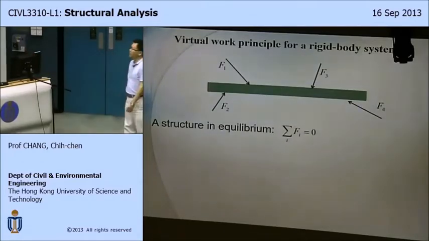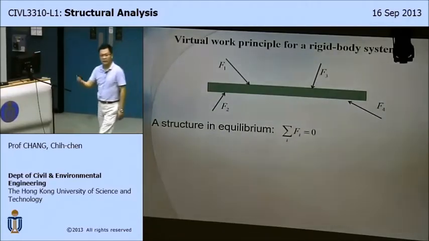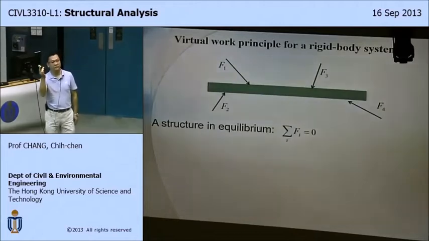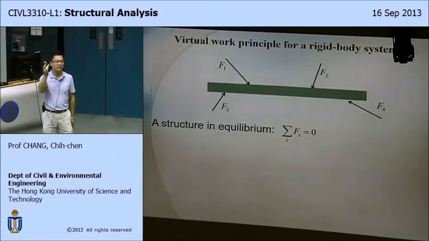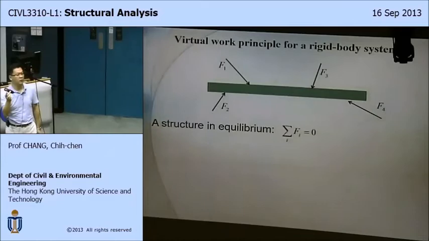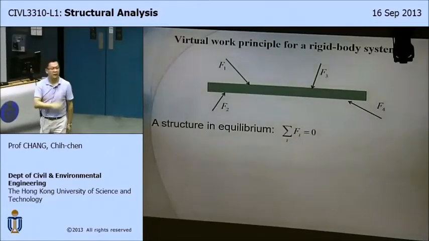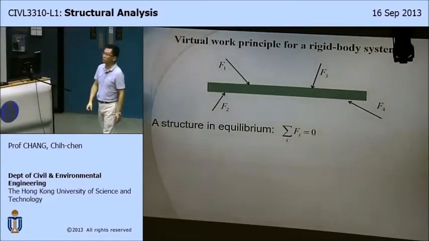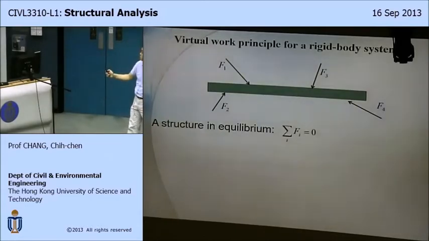Now, imagine I can create some small disturbances to the system. I can deflect the system any way I want, but this kind of movement has to be very, very small, infinitely small. It's called virtual deformation or virtual displacement.